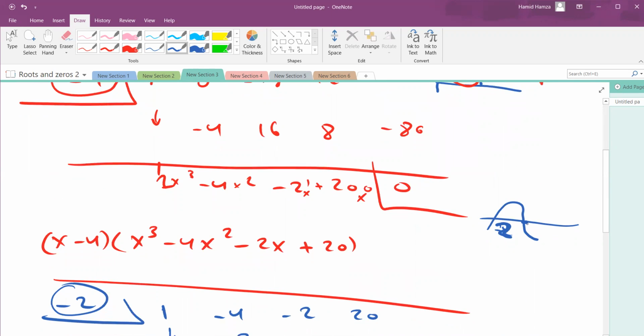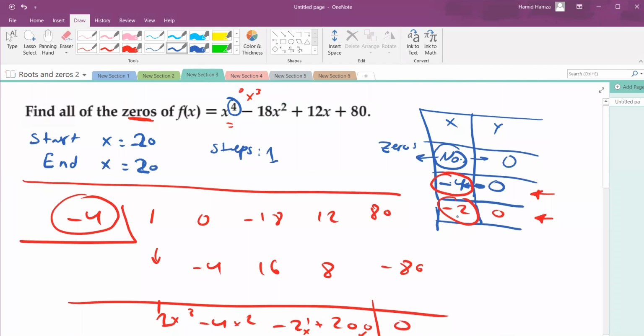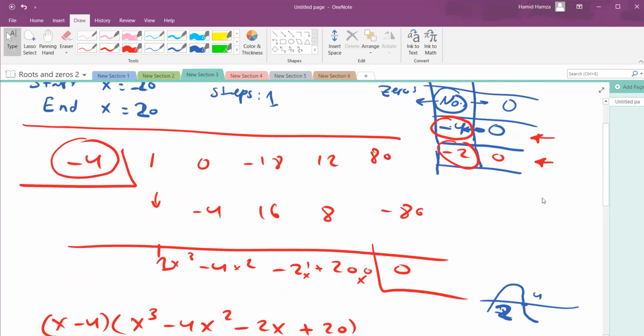So this is zeros, guys. But take them with a different sign. I'm sorry, guys. The same sign here. -2 and -4.